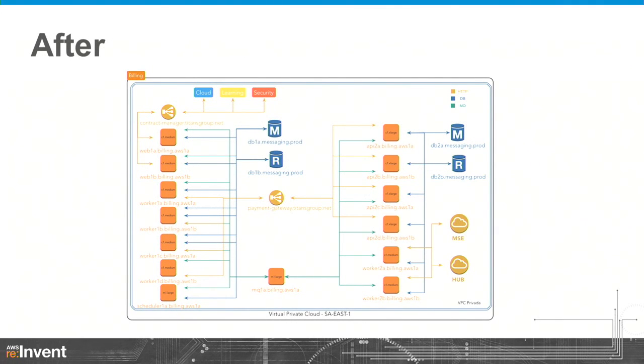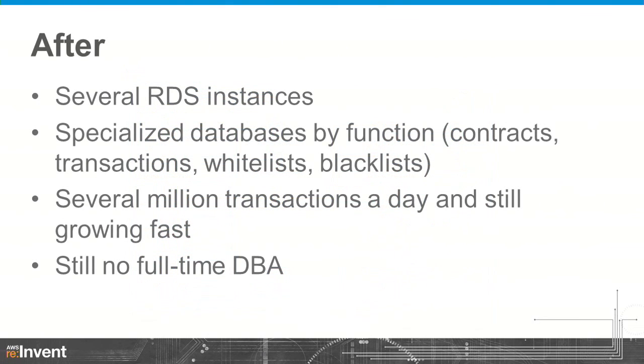After the migration to AWS and a lot of refactoring of our systems, we now have a much more complex but scalable architecture. We have several RDS instances with specialized databases by function, serving several million transactions a day and still growing fast.